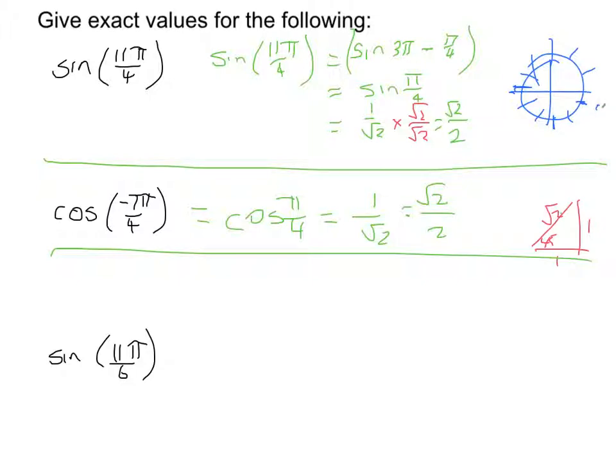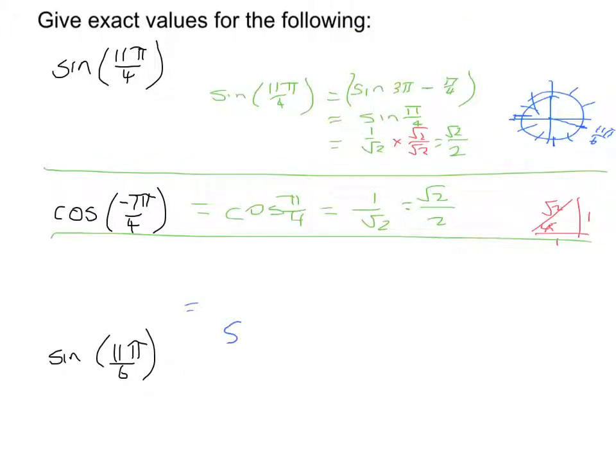So 11 pi on 6 is pi on 6 short of 2 pi, so that's equal to sine of 2 pi, take away pi on 6, as we said before, is pi on 6 short of getting around to 2 pi. It is in the fourth quadrant, so sine is negative there, so it'll be equal to the negative value of sine pi on 6.